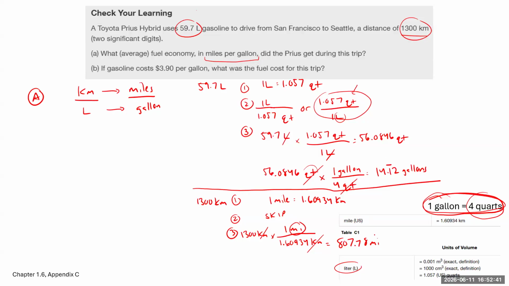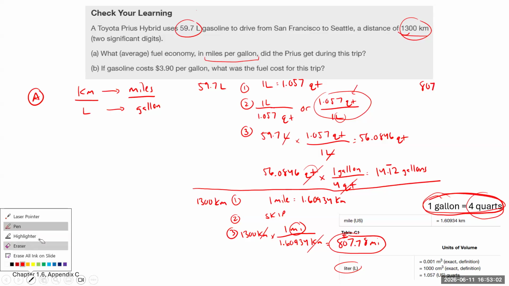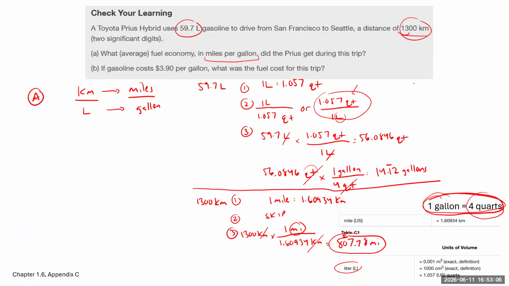So if we do miles per gallon, it's going to be, and for sig figs, right, we only had two sig figs here. So let's put an overline here. 807.78 miles with the overline on the zero, right?